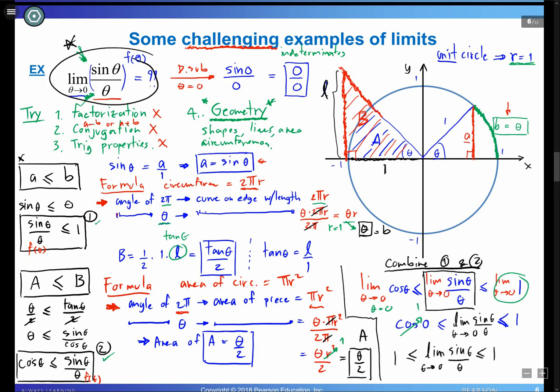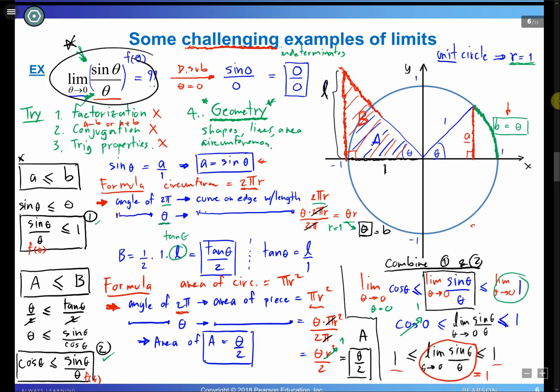What does this tell us? This is the value that we want to know. It's in between 1 and 1. Of course, this must be equal to 1. Alright, the technique that we just did, besides the geometry, is called squeeze or sandwich technique. So what do you see right here?